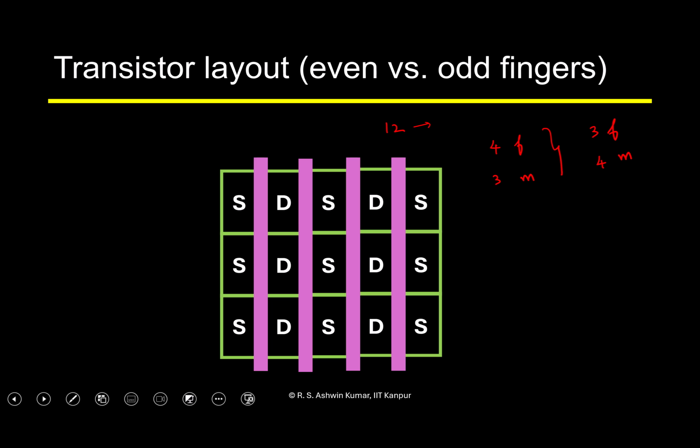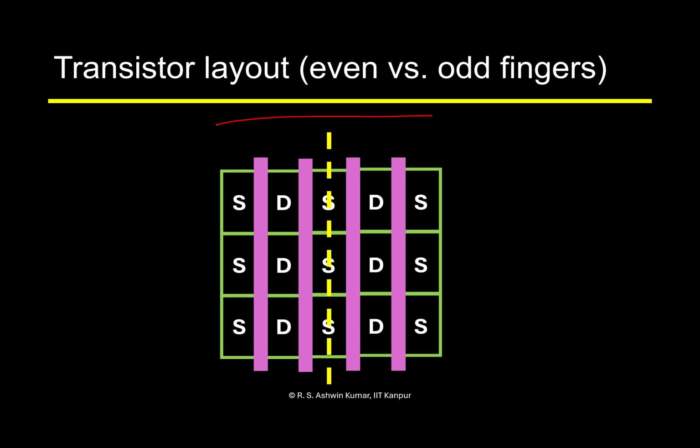But in practice, we prefer having an even number of fingers for the following reason. If we have an even number of fingers like this, this structure itself has a common centroid. Correct? So any linear gradient in this direction gets averaged out. That is one of the reasons why we prefer an even number of fingers rather than an odd number of fingers.